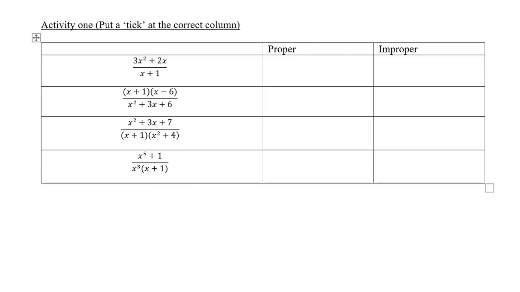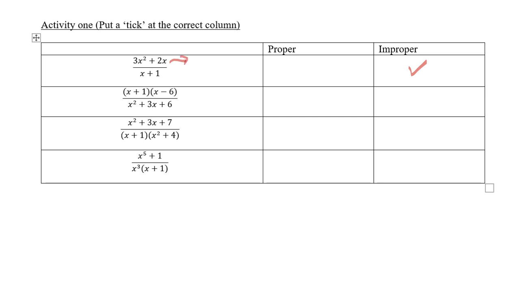We have just learned the theory, so let's put it into practice. Let's do activity 1. Put a tick in the correct column. Looking at the first algebraic fraction, is that a proper or improper fraction? This is an improper fraction. Why?